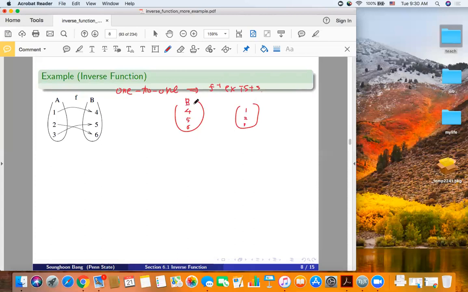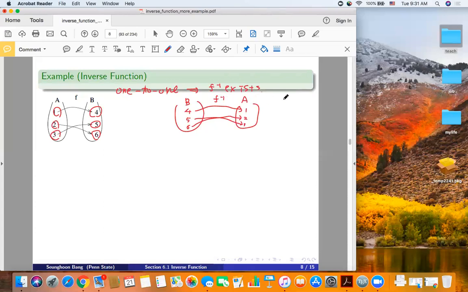This is B, this is A. What happens? The 1 is going to 4, 4 is going back to 1. The 2 is going to 6, 6 is going back to 2. The 3 is going to 5, 5 is going back to 3. So this is the inverse function.